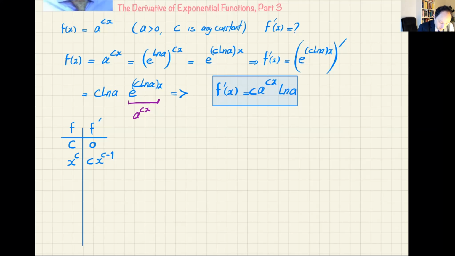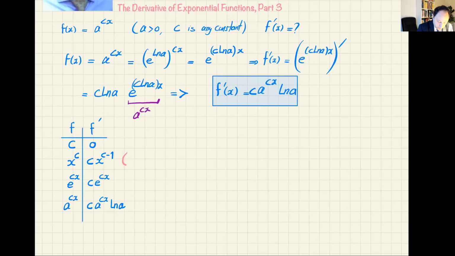If I have e to power cx, the derivative is c e to power cx. If the function is a to power cx, the derivative is c a to power cx, but I need to remember to multiply by an extra ln of a. Yes? And then there are some special cases.